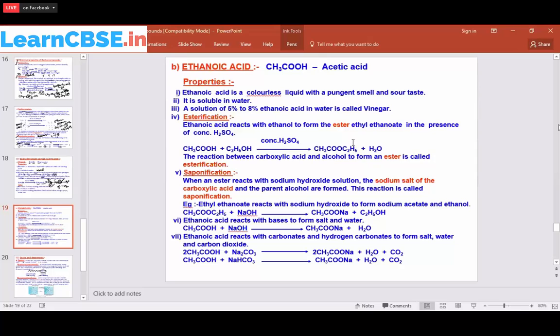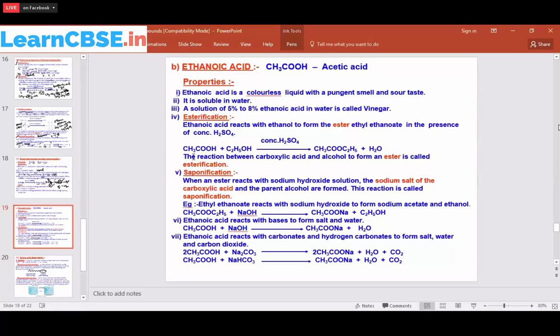So esterification reaction, one of the important reactions. So we are forming the ester from the alcohol and the acid. So ethanoic acid reacts with the ethanol to form the ester. The name of the ester we call ethyl ethanoate, in the presence of the concentrated sulfuric acid.